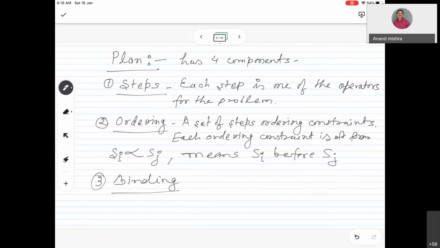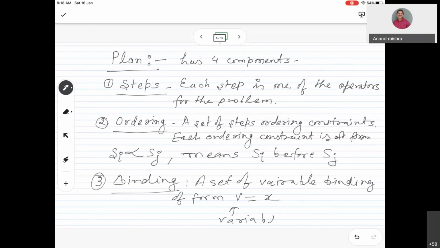A binding is of the form b equal to x, where b is a variable and x is either a variable or a constant.